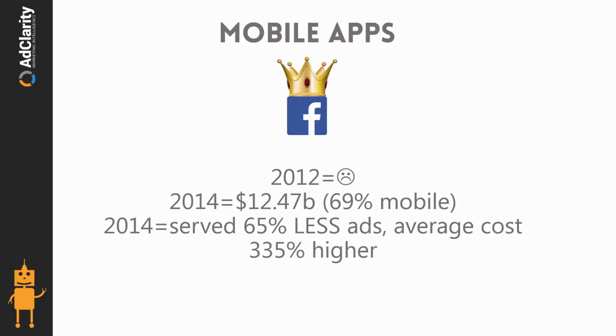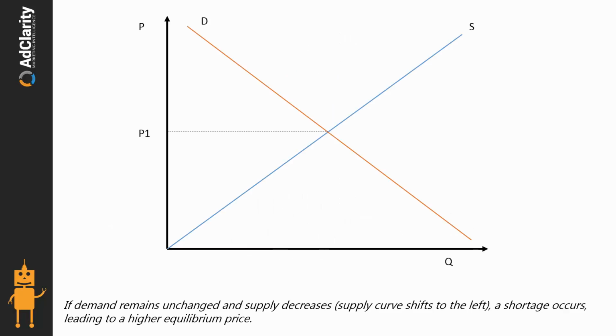And in my opinion, the most interesting is that during the final few months of 2014, they actually served 65% less ads than the previous year, but the average cost of those ads was 335% higher. Pretty much the underlying rules for neoclassical economics. Here's the basic supply and demand. And you cut down supply, demand can stay the same, and prices increase.